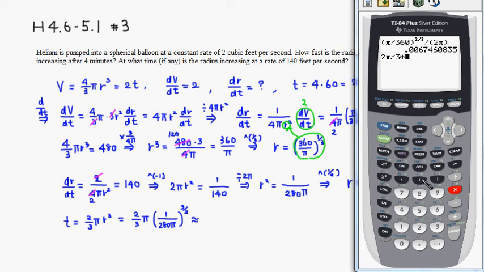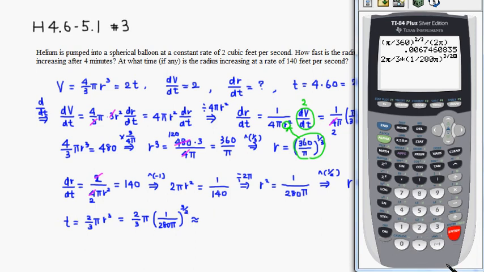Times the quantity 1 over 280 pi, and raise it to the 3/2 power, right?